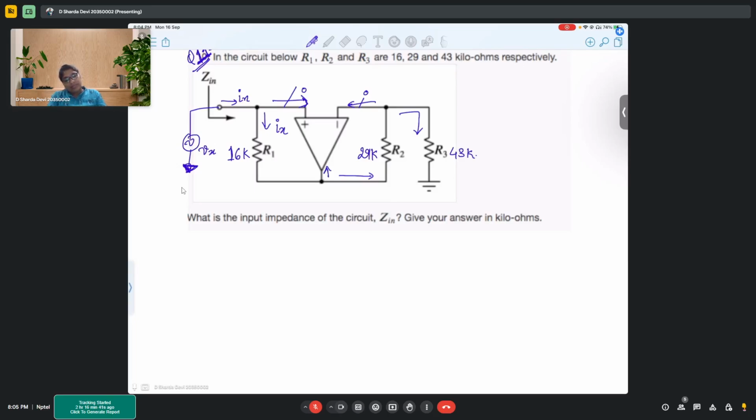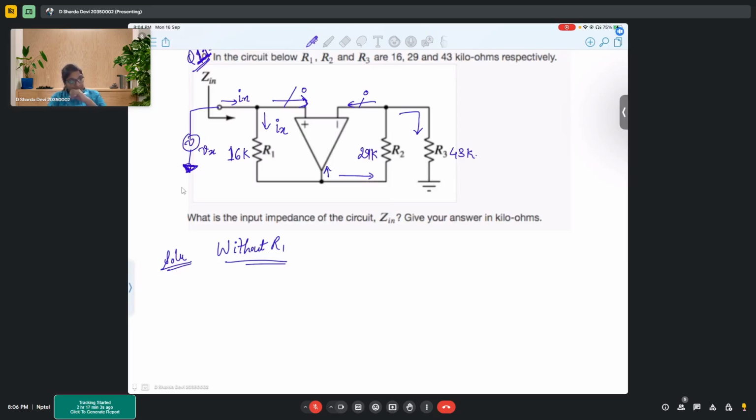So let's do one thing. Let's solve without R1. So if I remove my R1, what is the circuit? So the circuit is a basic non-inverting amplifier, right?